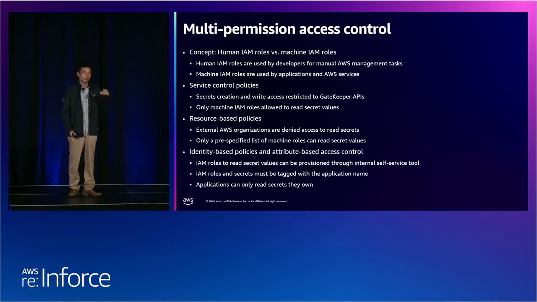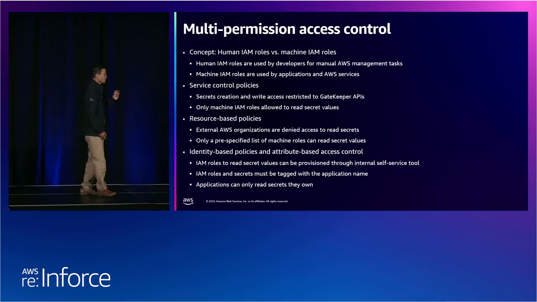And why do we want to differentiate this? Not just for secrets. For many services, we treat human IAM roles and machine IAM roles differently. For secrets, because in this solution we only manage machine secrets, only machine IAM roles can read the secret.